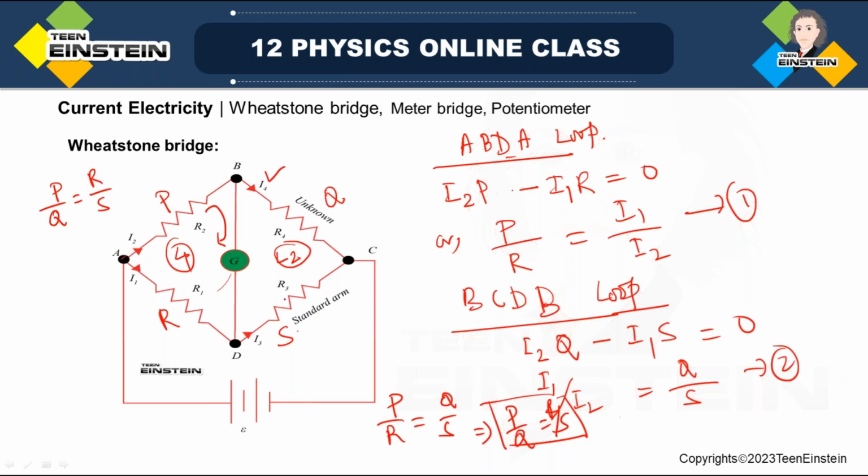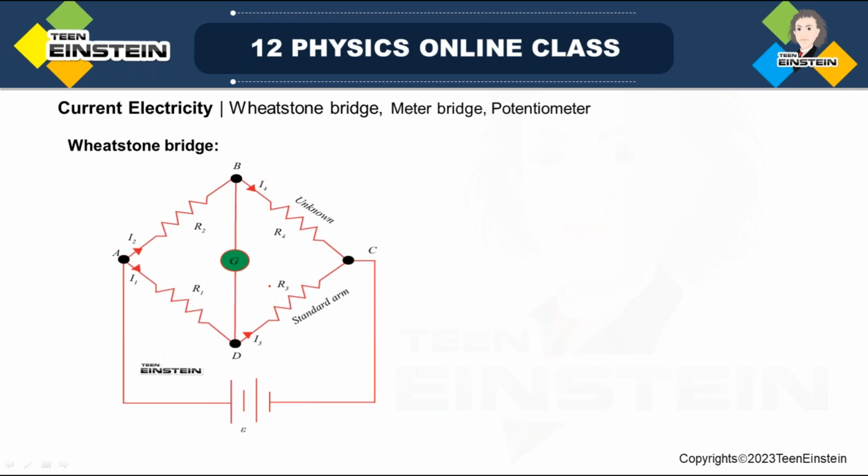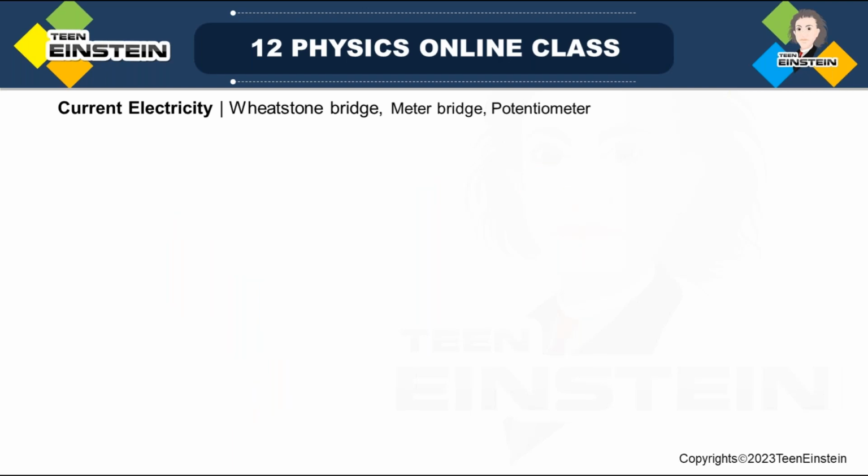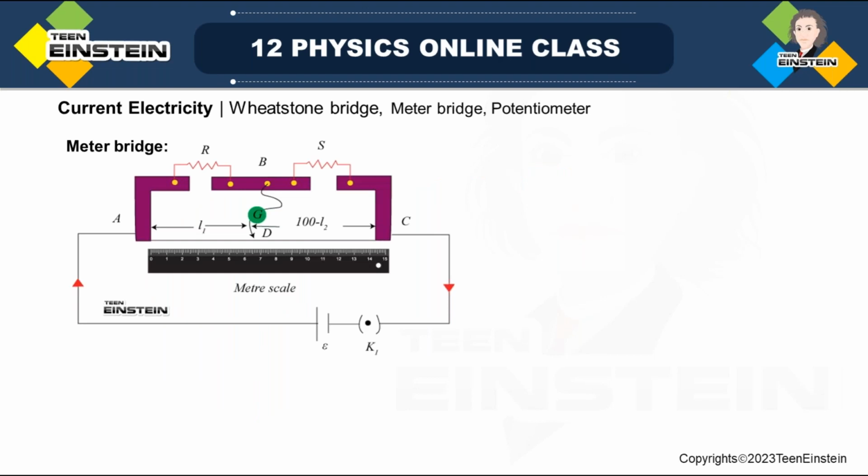So what we get is the balance condition, balance bridge. So I'll write after all this: this is P, this is Q, this is R, and this is S. So P by Q is equal to R by S. Now I have got a meter bridge.